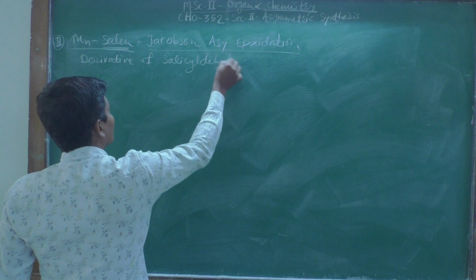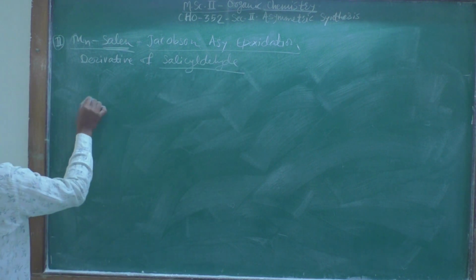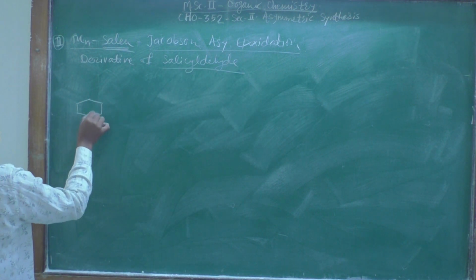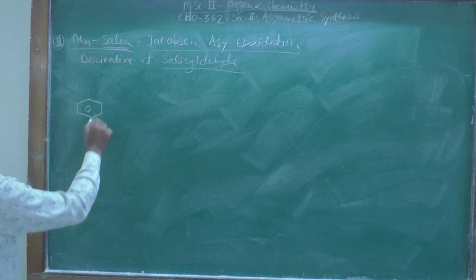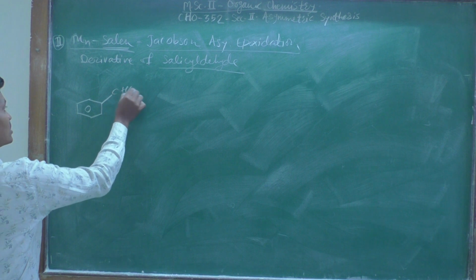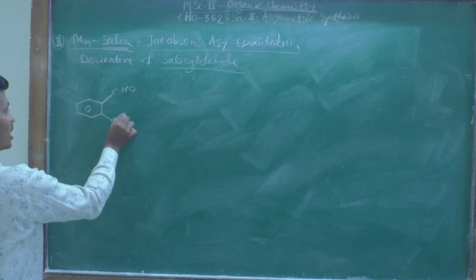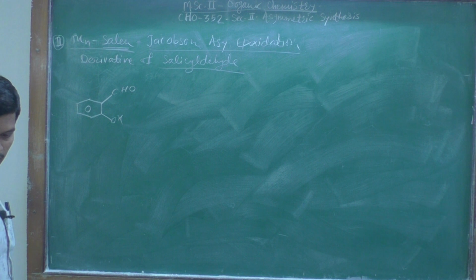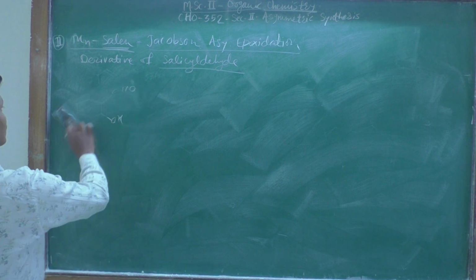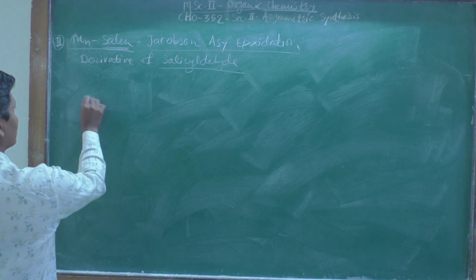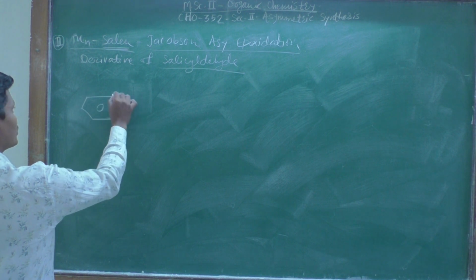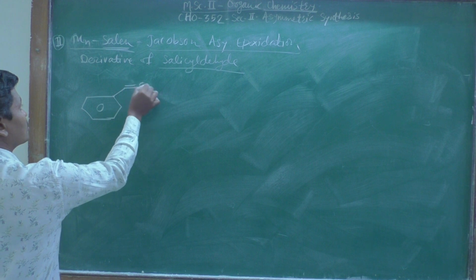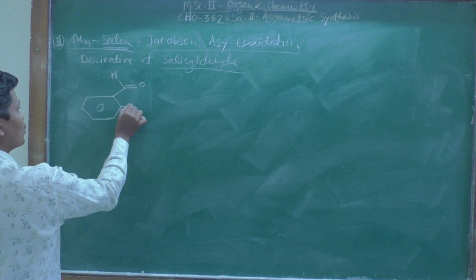So what is salicylaldehyde? This is CHO, this is hydroxy. For the sake of convenience, we have drawn the molecule horizontally, with CHO.